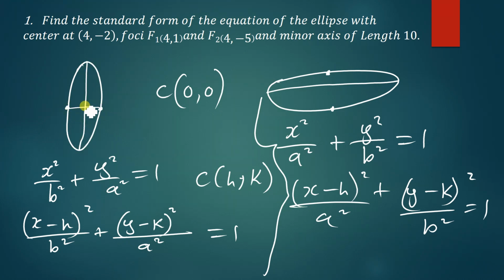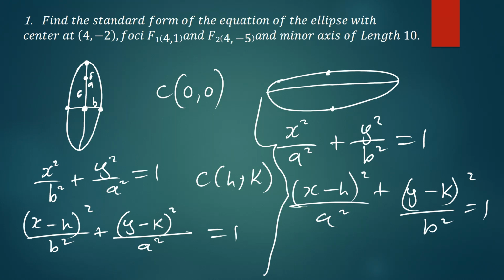The distance from the center to that point is the one that is denoted by b, and the distance from the center to the major vertex there is the one that we call a. And the distance from the center to the focus is the one that we call c.